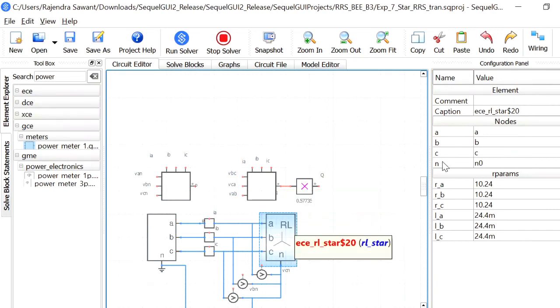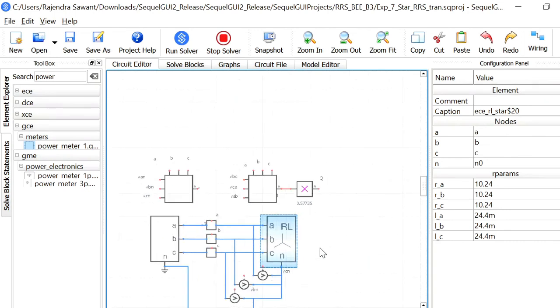So this validates our design and our analysis. This is all about the star connected balanced load system, which is fed from a star connected balanced supply system.